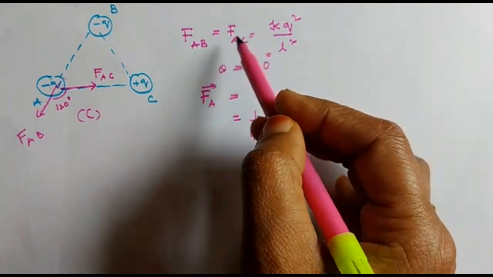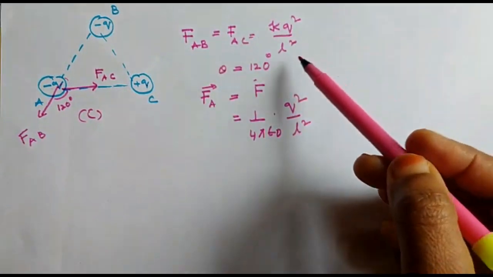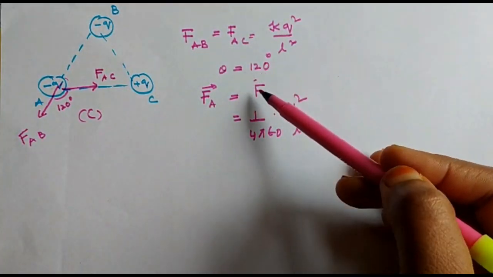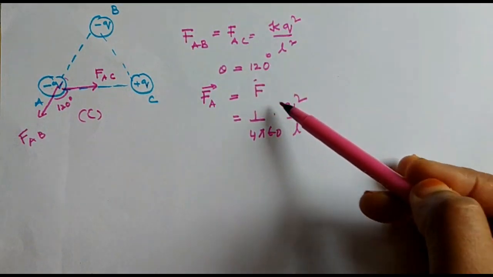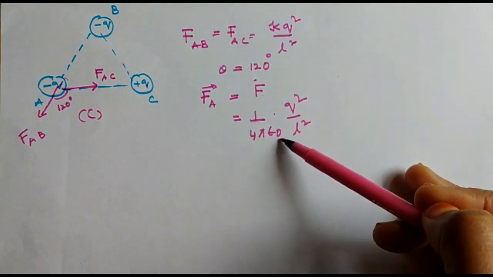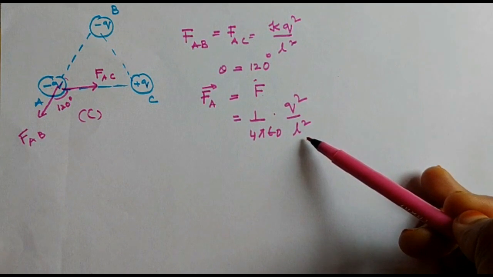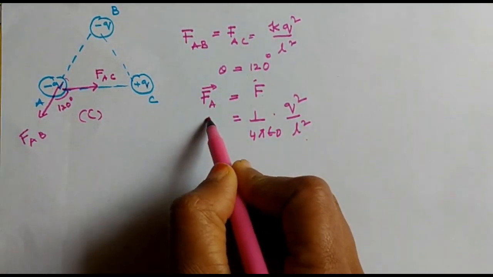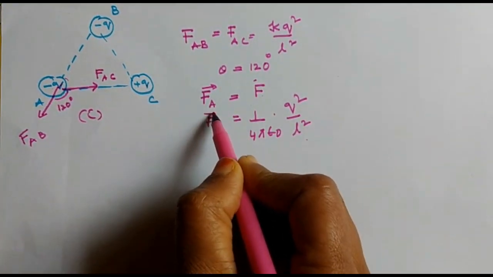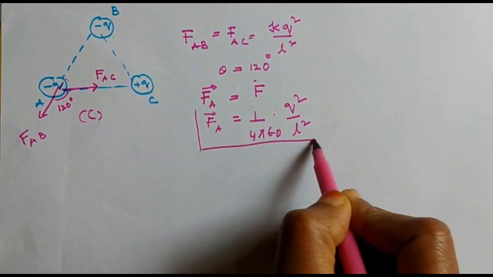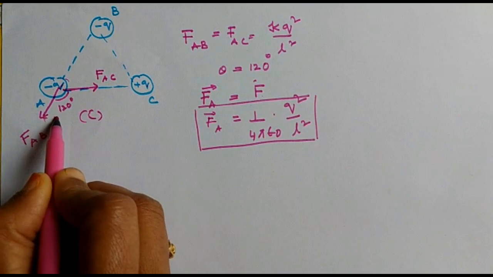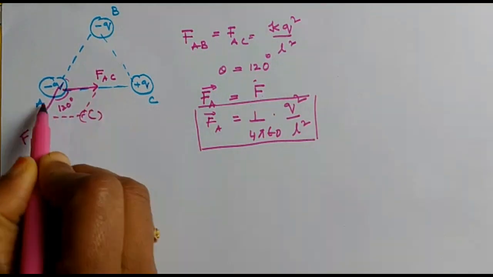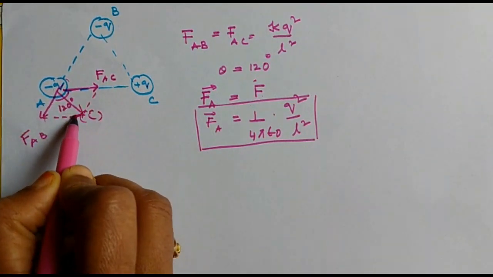So you can remember, if two identical forces are acting at an angle of 60 degrees, you will get root 3 F. If they act at an angle of 120 degrees, you will get only F, that is 1 by 4 pi epsilon naught q square by L square. Because for objective questions, you don't have to write all the steps, you will have to remember the result. So this would be your answer. And regarding direction, complete the parallelogram and the diagonal will give you the resultant.